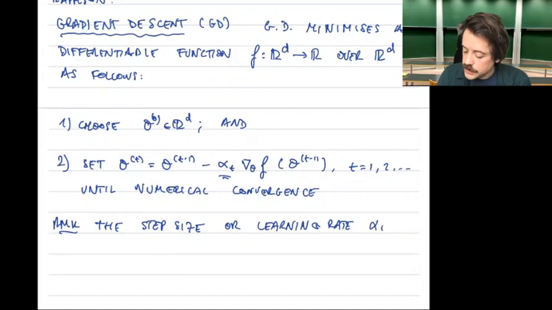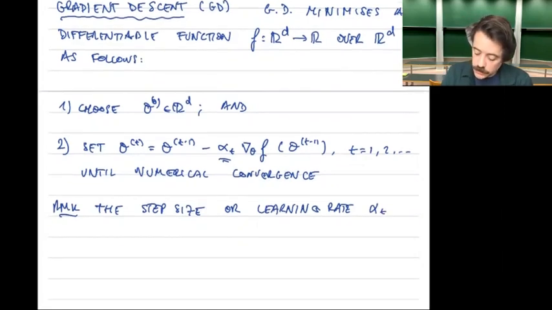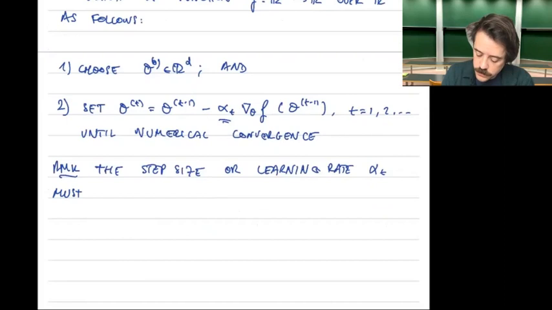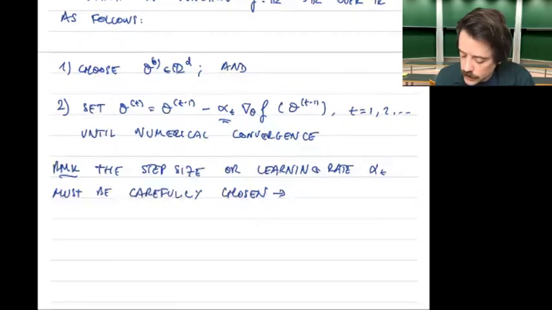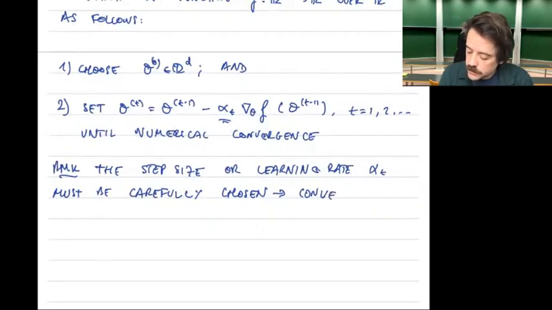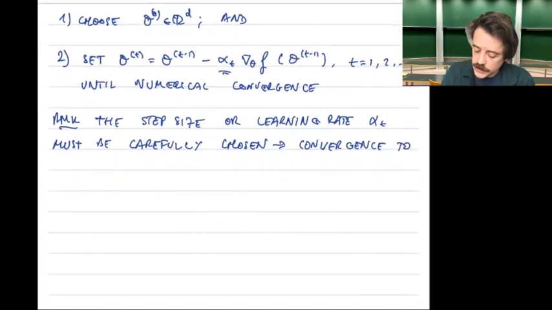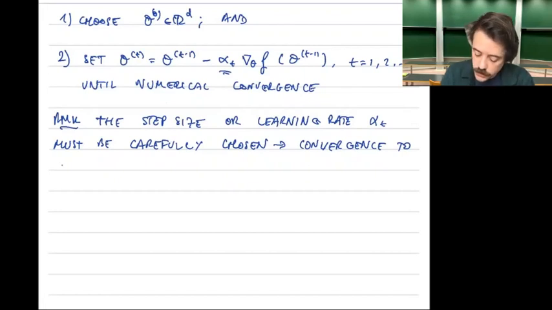Alpha t must be carefully chosen, and if so, there is convergence to a local maximum, or in this case a local minimum.